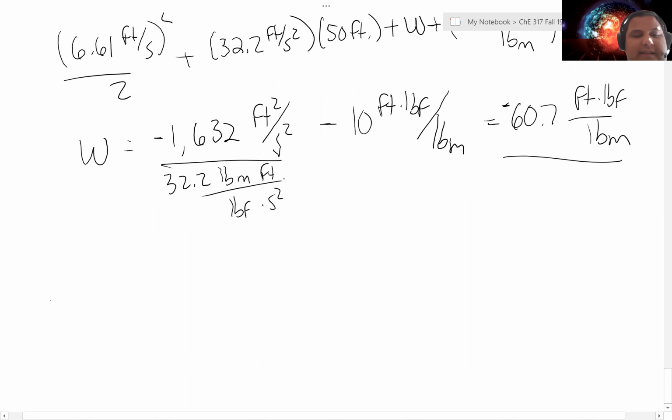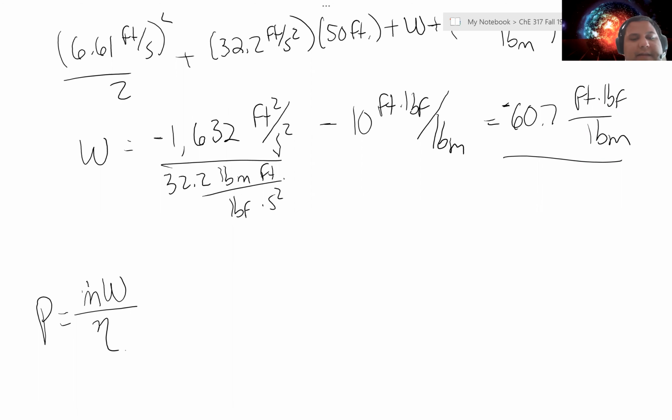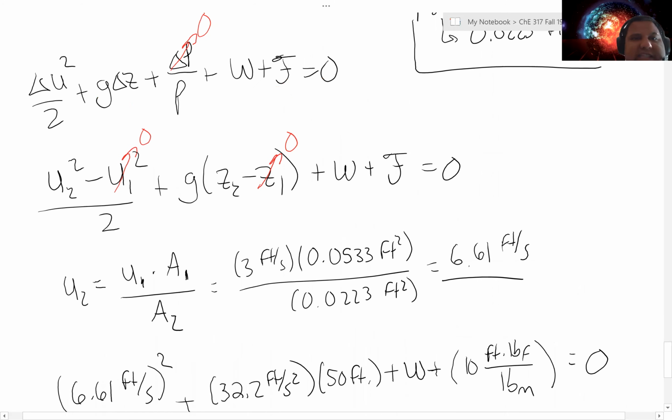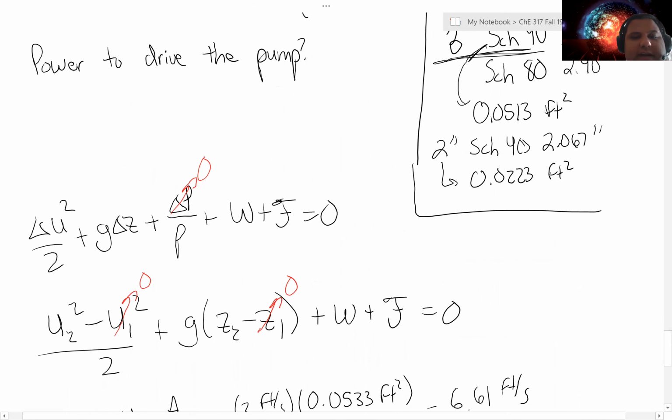So now I can calculate my power, which is my mass flow rate times my work over my efficiency. Now I didn't give you the mass flow rate, but we can calculate it right here. And we said mass flow rate is just going to be rho UA. The density wasn't given, but the specific gravity was, which was 1.84.